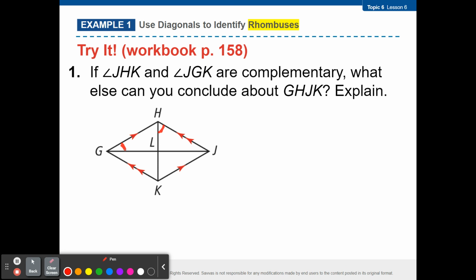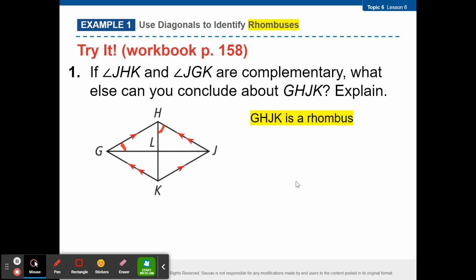They're not congruent, they're just complementary. What else can you conclude about this quadrilateral GHJK? It's a rhombus. Yep.